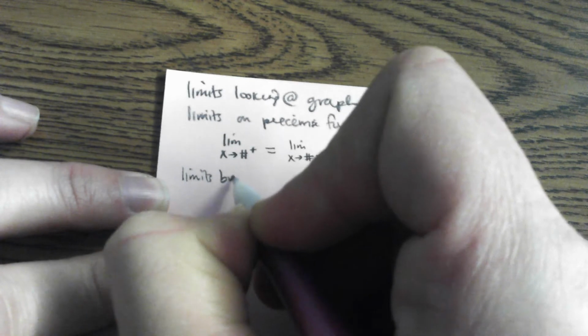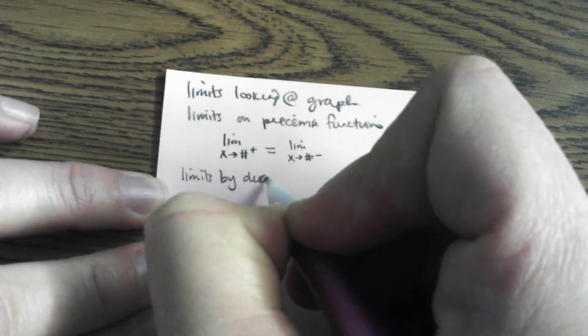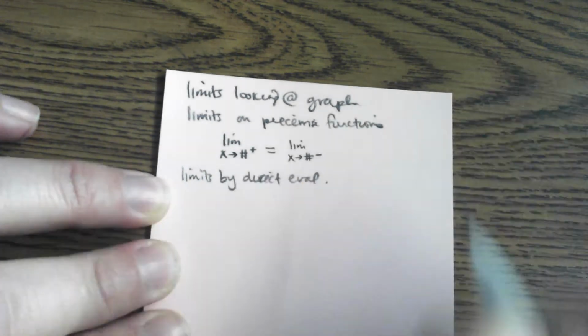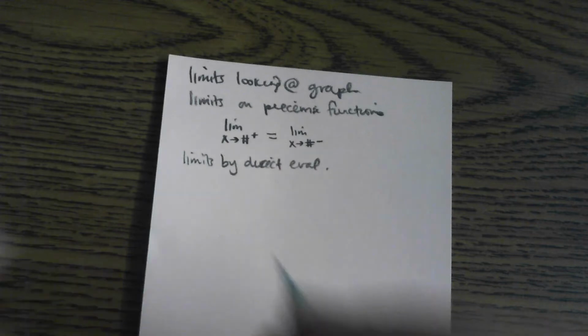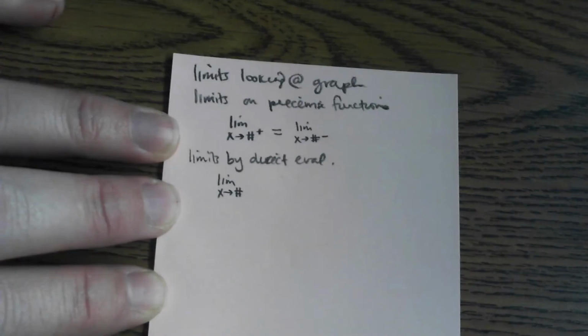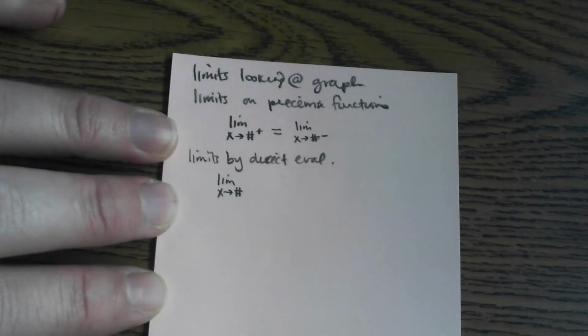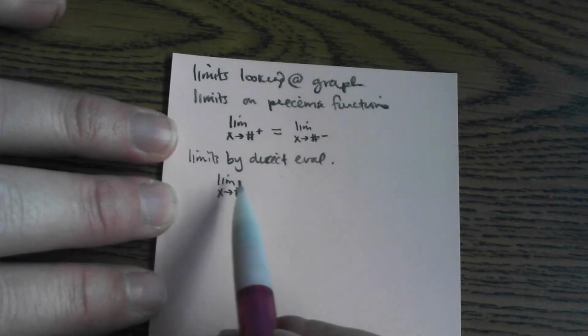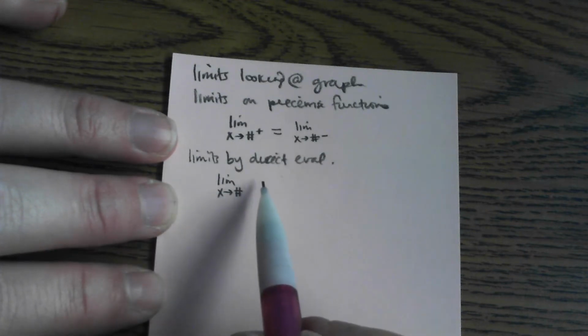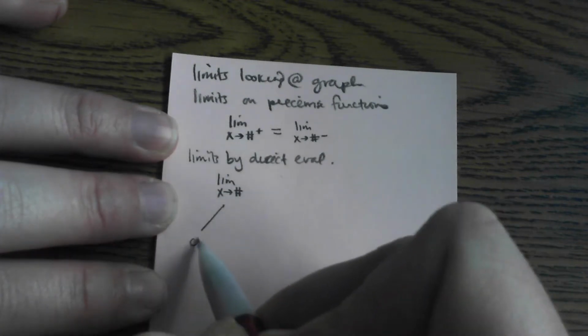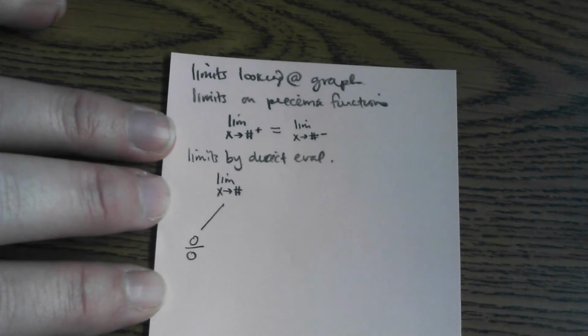And then we did limits by direct evaluation. Direct eval. So that's where you would just plug the number in. If you're looking for the limit as x approaches a number, you literally just plug the number in. The issues come up when you don't get an answer, right? If you get 0 over 0, which happened a lot, you have to then look to manipulate.